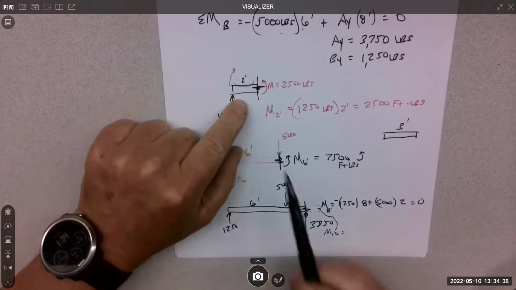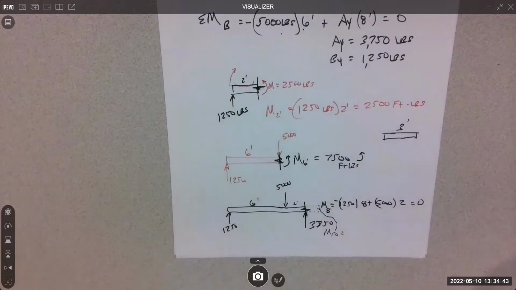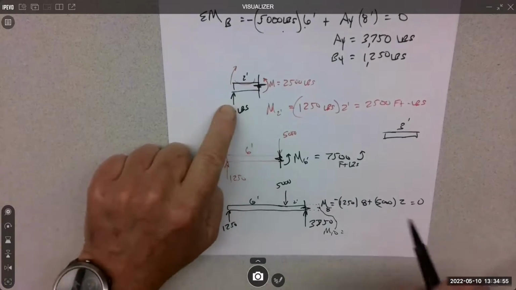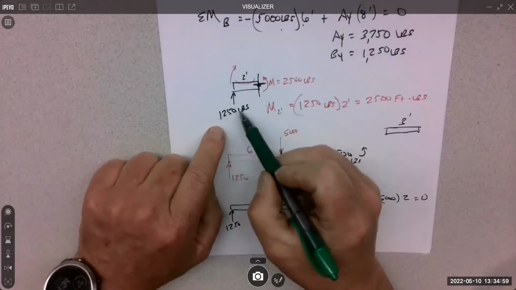Same thing. So when you section it for your moment, we can also think about the internal shear force at that location. The shear force is just a force. It's not a moment. It's a force, typically an up and down force, but it depends on what you have out here. So in this case, we have 1250 out here.